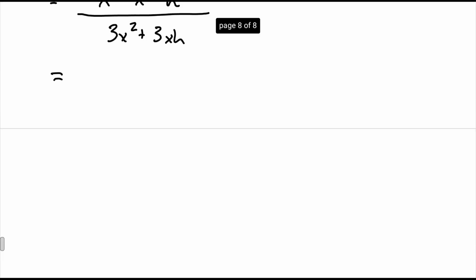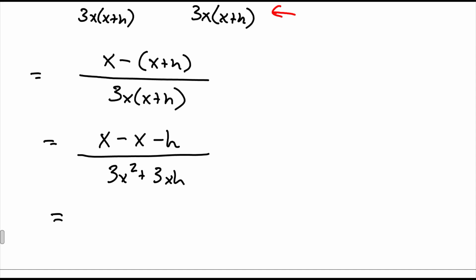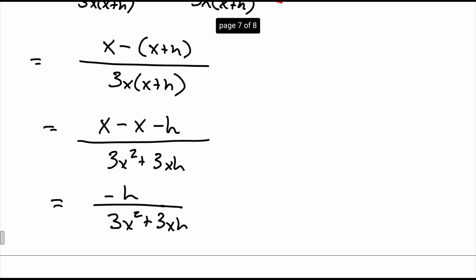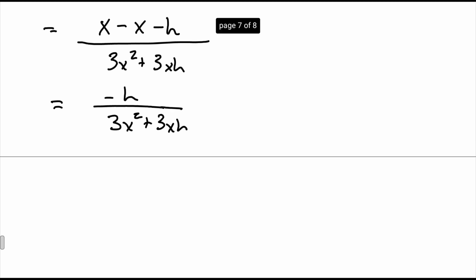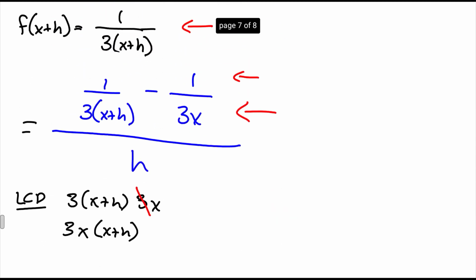Alright. Apologize, I had to add an extra page. On the top, x minus x, that goes away. So I'm left with a negative h over 3x squared plus 3xh. Alright. But, going back to the original problem, or going back to the top, what we just did, we just added and subtracted these two fractions.